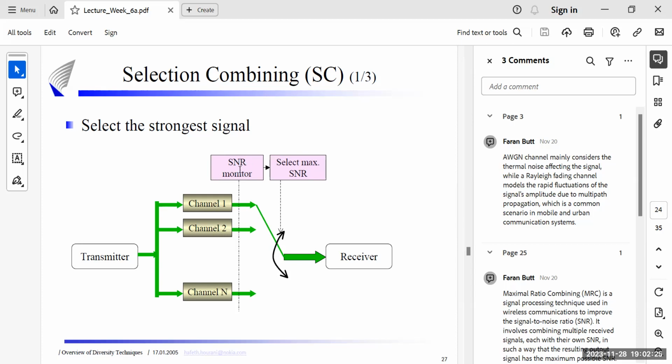This is an SNR monitor that is monitoring how much SNR is being fed to us by channel 1, how much by channel 2, and how much, for example, by channel N. And out of N channels, it will figure out the channel that has the maximum SNR. This channel is then selected and obviously processed at the receiver end. This type of technique is known as selection combining.